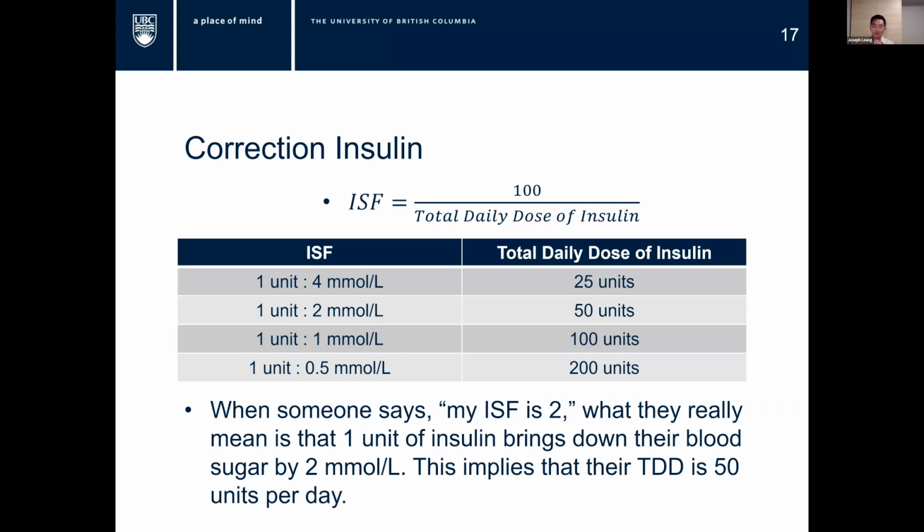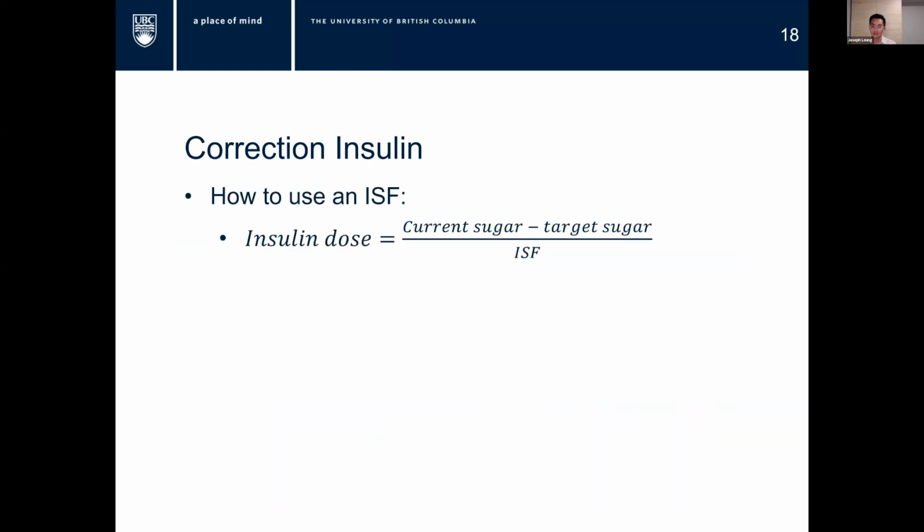Maybe things are a little bit off, and that ratio between the carb ratio and the ISF is not quite right, and something there needs to be adjusted. Either their carb ratio needs to be higher or their ISF needs to be lower. The other thing that I want us to realize is that the carb ratio and the ISF are actually denominators. And I'm going to get to that in this slide.